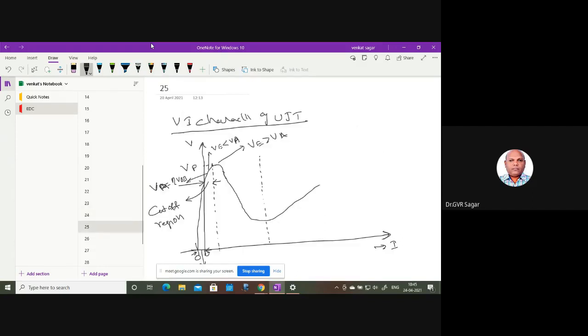In that situation, the resistance is decreasing and voltage is decreasing and current is increasing. Current is increasing. This is the current. Exact. So this region we are calling as a negative resistance region.